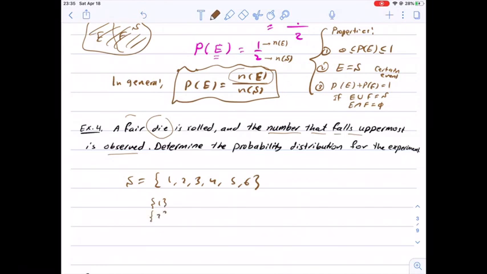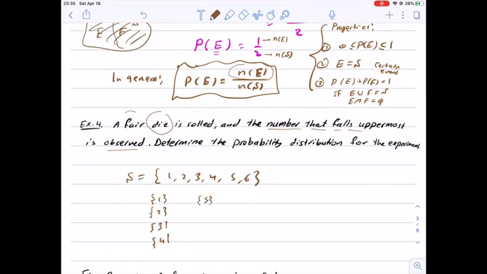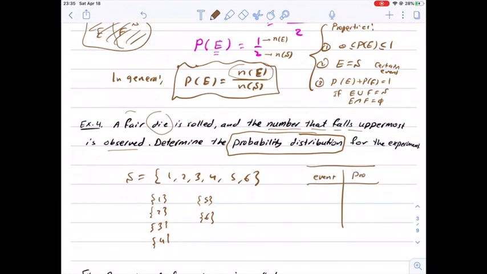So we have the following events. We may get 1, or 2, or 3, or 4, or 5, or 6. So if we make a table, and actually this table is called a probability distribution, as we'll learn in the next chapter, we have here the event and the probability.